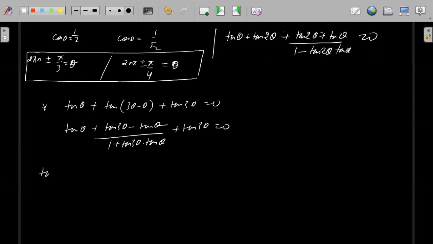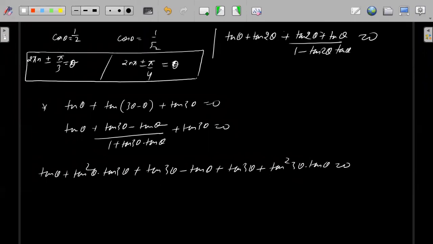If I take the LCM, this will become tan theta plus tan square theta tan 3 theta plus tan 3 theta minus tan theta plus tan 3 theta plus tan square 3 theta into tan theta is equal to 0, and the tan theta and minus tan theta will become 0. So here we have tan square theta tan 3 theta plus tan 3 theta plus tan 3 theta, and then we have tan square 3 theta into tan theta is equal to 0.